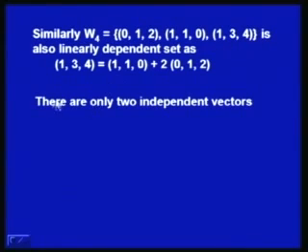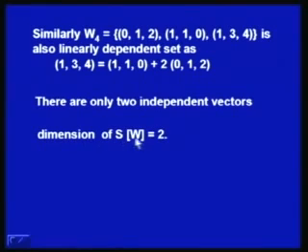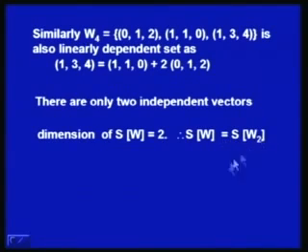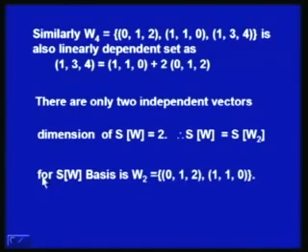So in the given set we have only two independent vectors, and the rest of them form a linearly dependent set. So the span of W is of dimension 2. So span W is the same as span of W2. Now the basis for span W is W2, that is (0, 1, 2) and (1, 1, 0). So this is the basis.